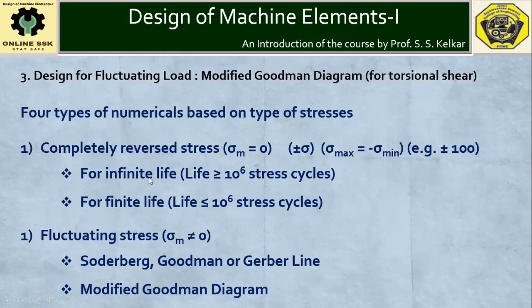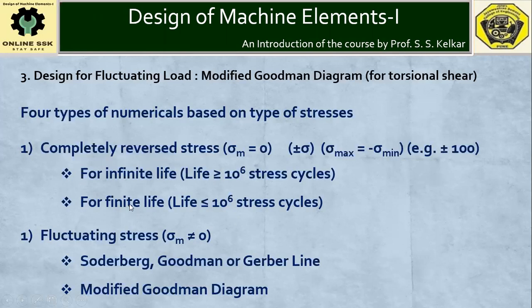In this category, two types of numericals can be asked in your examination. One is for infinite life of the machine part, and another is finite life of the machine part, wherein they may ask you to find the dimensions of a machine part subjected to completely reverse stress and having finite expected life.